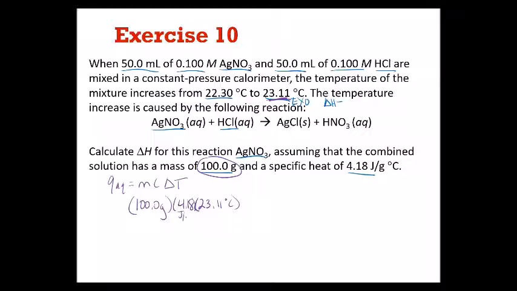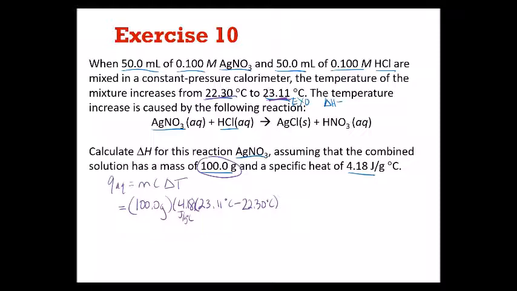I guess I should put in the things there. All right, now we can find QAQ. Oops, I guess I need to subtract my initial temperature. Let me do that too, 22.3. Not to forget that. We calculate our QAQ: 100 times 4.18 times 23.11 minus 22.3.